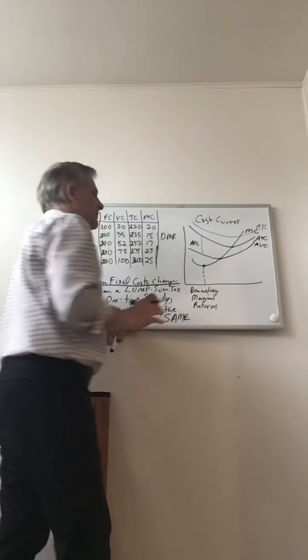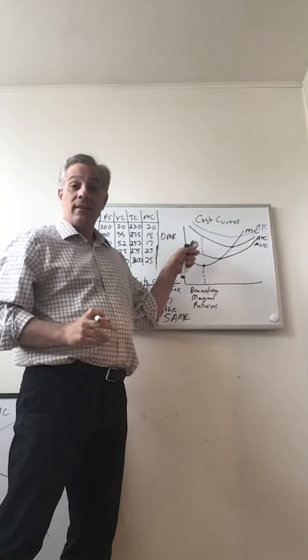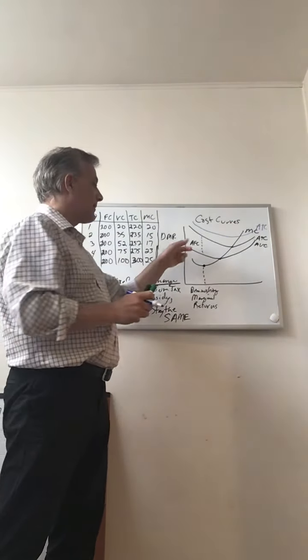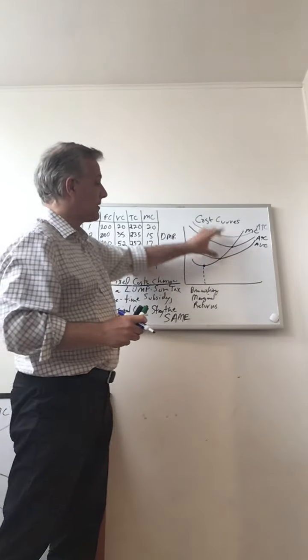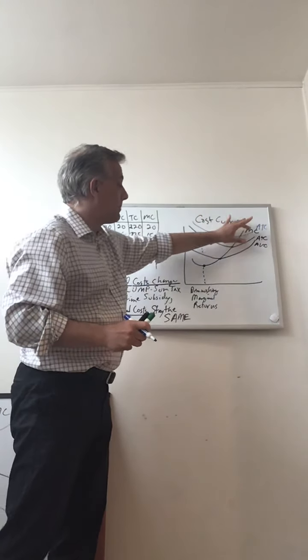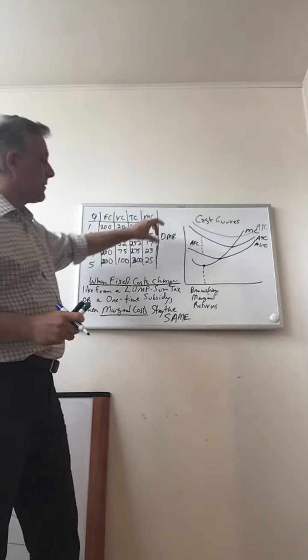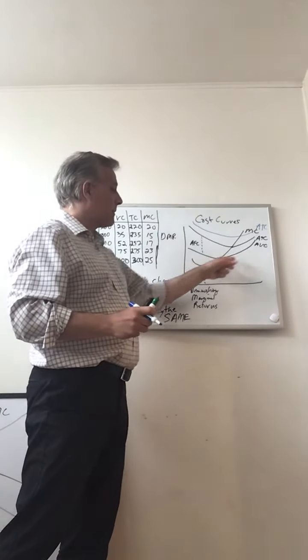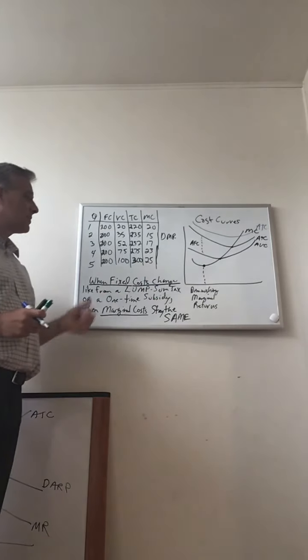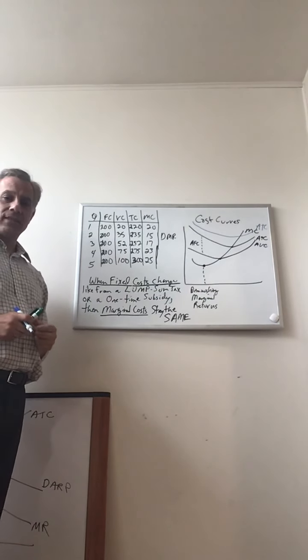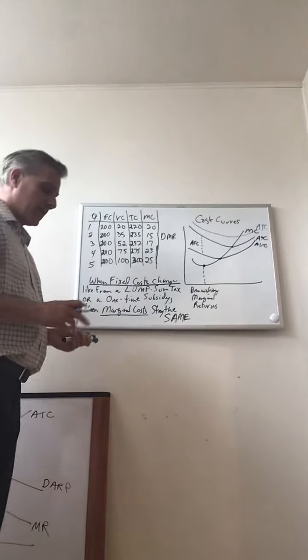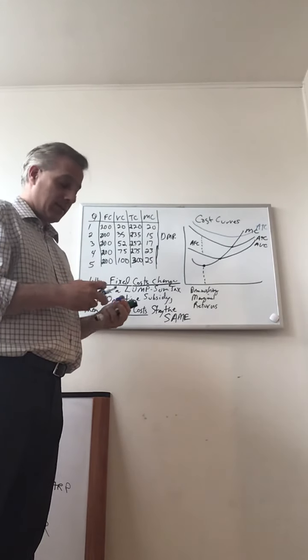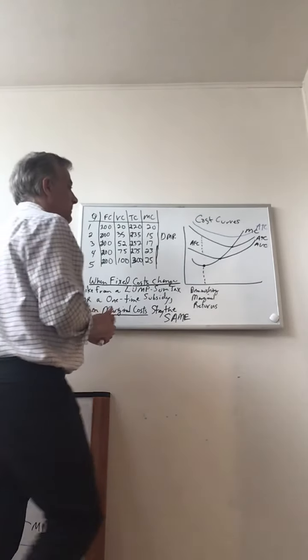And then it makes sense that average fixed cost, AFC, always full cornucopia, this space in here, is going to get bigger. My fixed cost got bigger, so it makes sense that my average fixed cost got bigger. My average variable cost did not change because my variable cost did not change. All right, so that's one type of problem that they could have there.